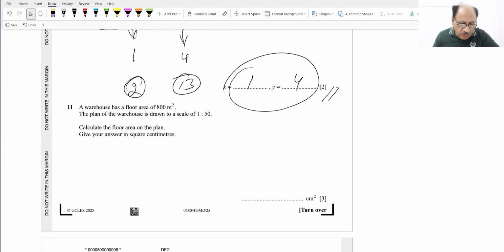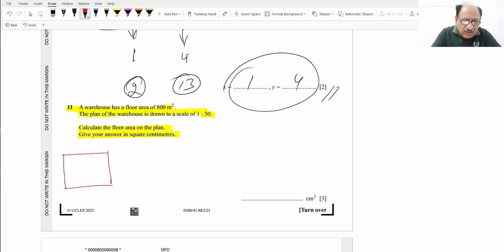Now, question number 11 says a warehouse has a floor area of 800. The plan of the warehouse is drawn to a scale of 1 is to 50. Calculate the floor area of the plan and give your answer in square centimeters. So we can consider, for example, a square like over here.